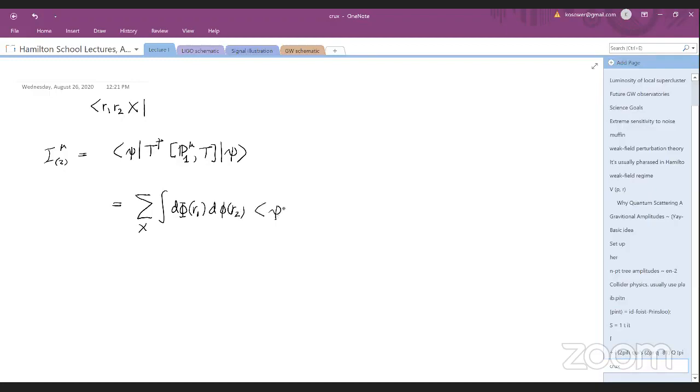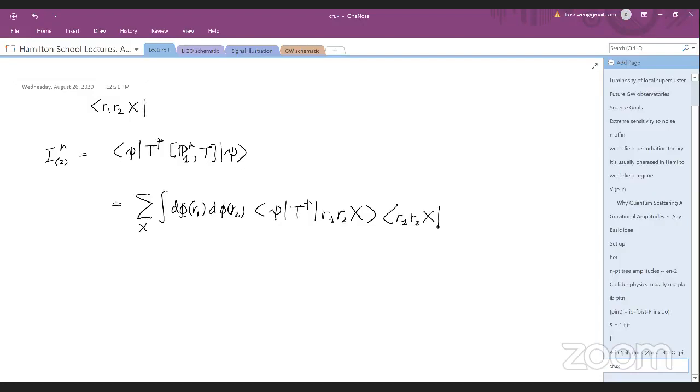So let me finish writing out this line. We now can put in this intermediate state. And once we've done that, of course, in principle, we could find a set of states that have wave function factors.